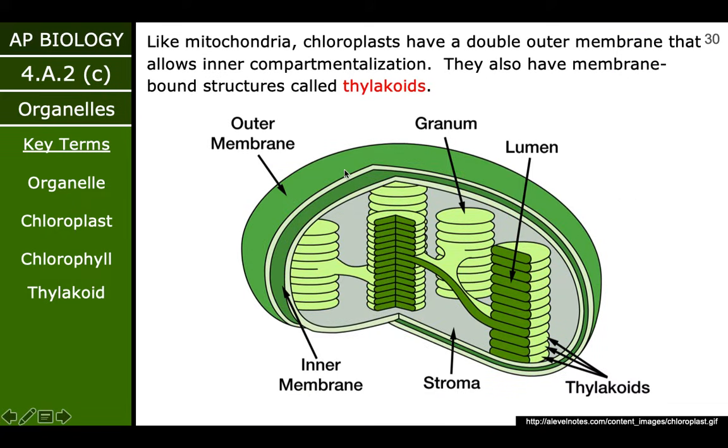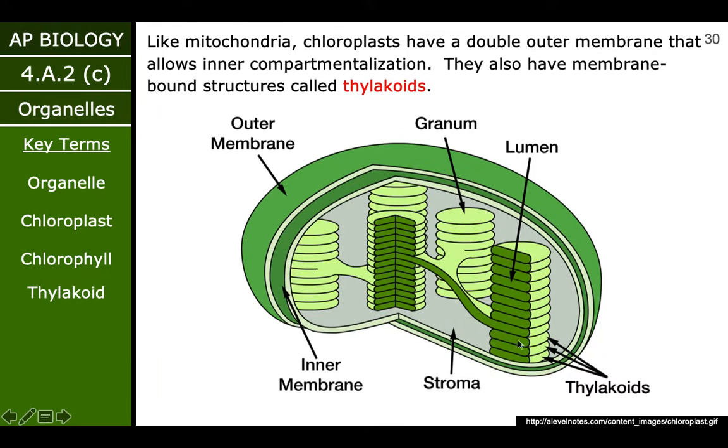Okay. This is what that chloroplast looks like. So it also has 2 membranes, just like the mitochondrion does. So we have the outer membrane, we have the inner membrane, and then inside of that we have all these little stacks. Okay, and there's also this nice fluid inside. Each of those pieces of a stack is called a thylakoid.